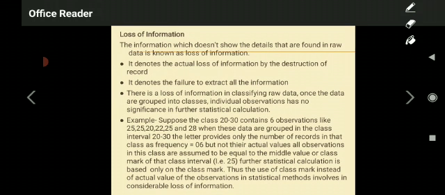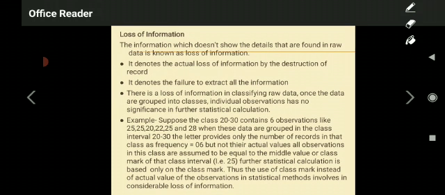And there is a loss of information in classifying raw data. Once the data are grouped into classes, individual observations has no significance in further statistical calculation. It is very interesting. The heart of the meaning of loss of information is there.